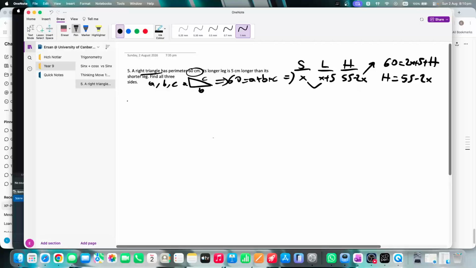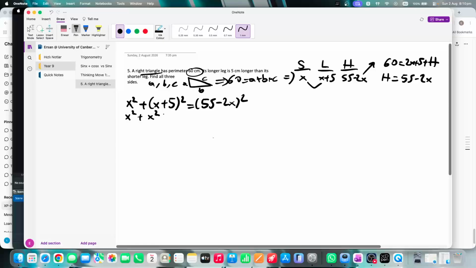So then a squared plus b squared, x squared plus b squared, is going to be (55 minus 2x) squared. There are a couple of ways to solve this, but let's do it in our traditional way.